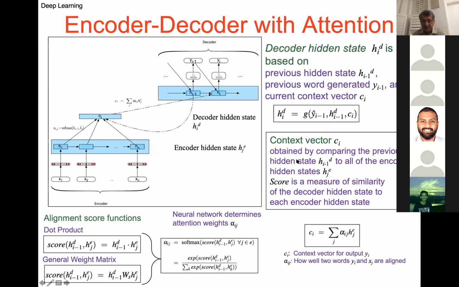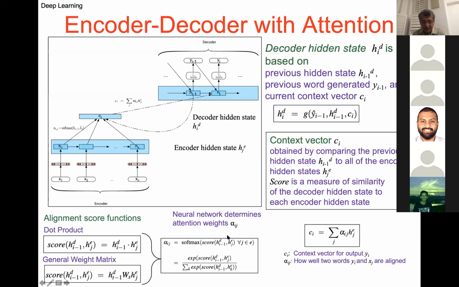The context vector Ci is obtained by comparing the previous hidden state to all of the encoded hidden states. The score is a measure of similarity of the decoder hidden state to each encoder hidden state. The alignment score functions include the dot product, which we just saw has something to do with similarity. There are different options here. Dot product is the simplest one. Another one is called the general weight matrix.